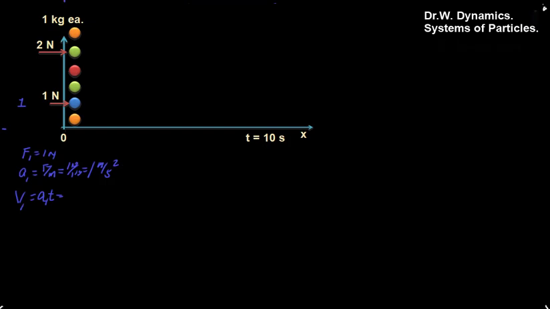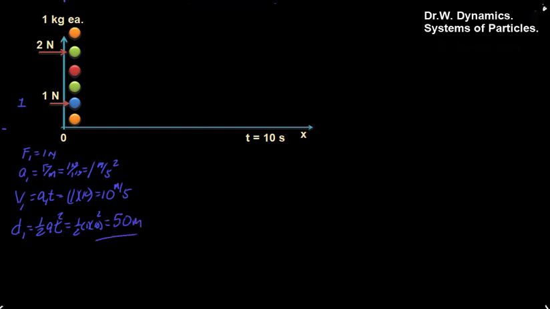So that would be 1 times 10, which would be 10 meters per second. And the distance traveled in the 10 seconds we can find from 1/2 at squared, which would be 1/2 times 1 times 10 squared, which is 50 meters.